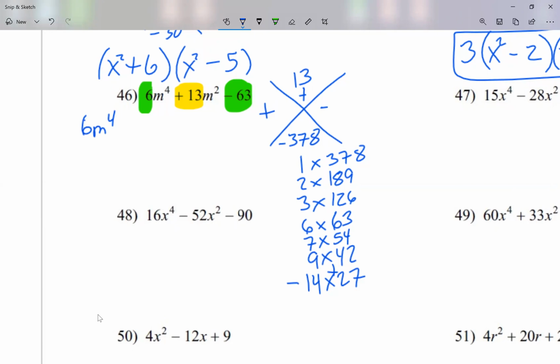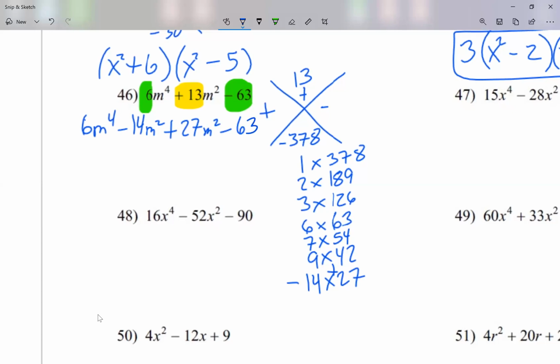Because I want it to be positive 13. So now I'm going to split the middle term. I'm going to split it as negative 14 m squared plus 27 m squared minus 63. All right, from 3 terms, I went to 4 terms.